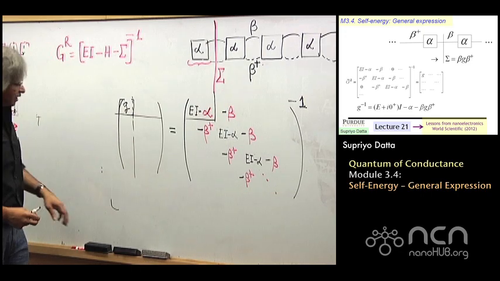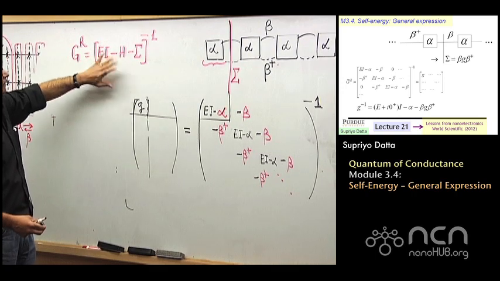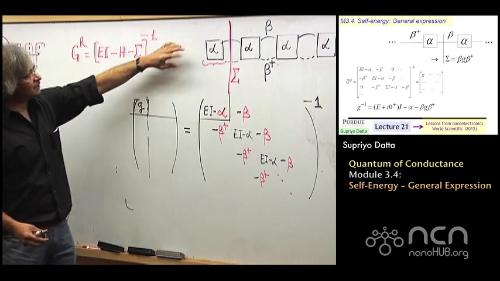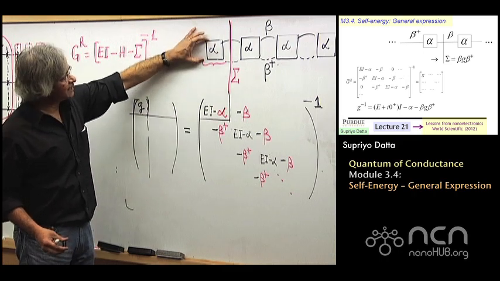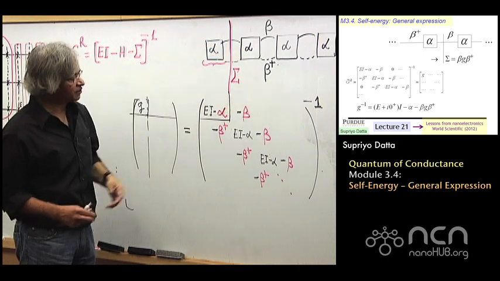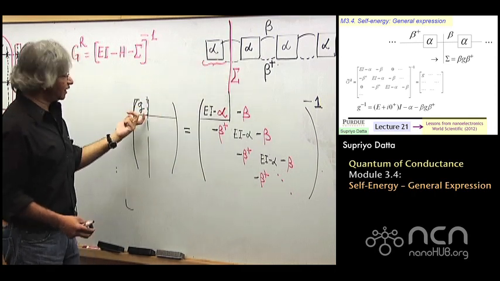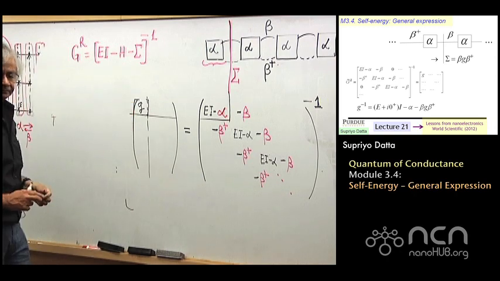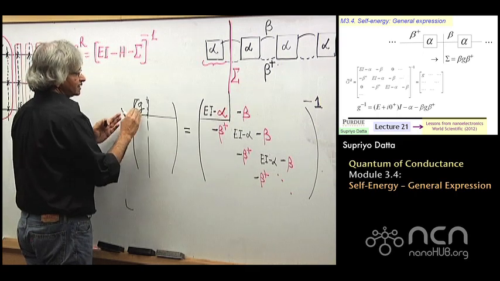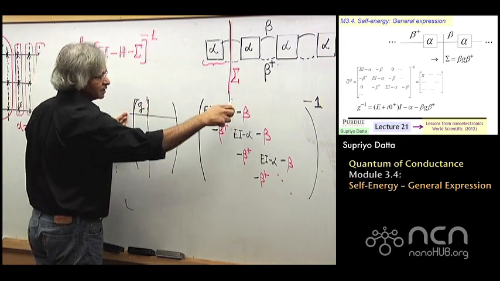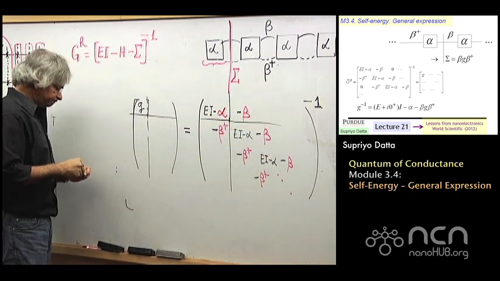Now the question is, how could I choose my sigma so that if I were doing this just using this as my Hamiltonian, not keeping the rest of it, I would have got the right answer? How could I have added a sigma to it? Because after all, when I invert this, I won't get EI minus alpha inverse. I'll get something else. Why? Because of the rest of the matrix. All that's out here.